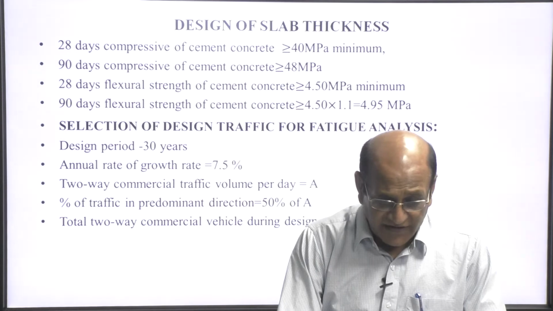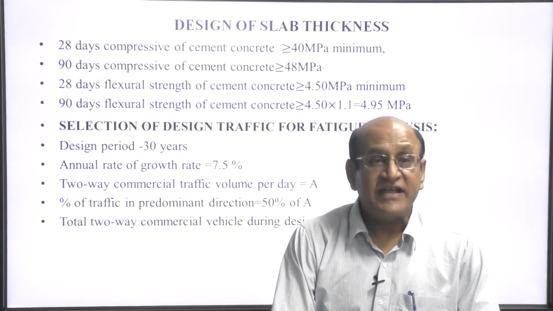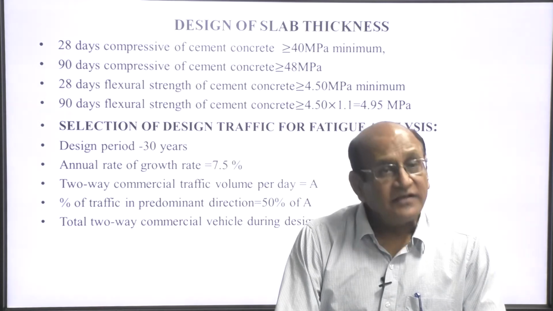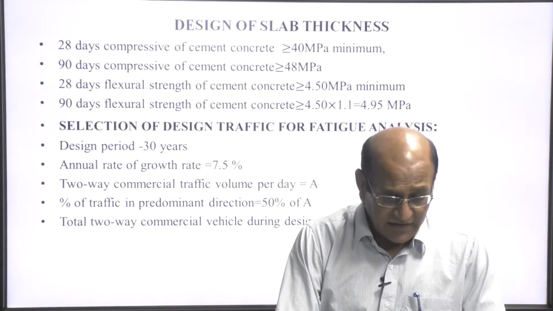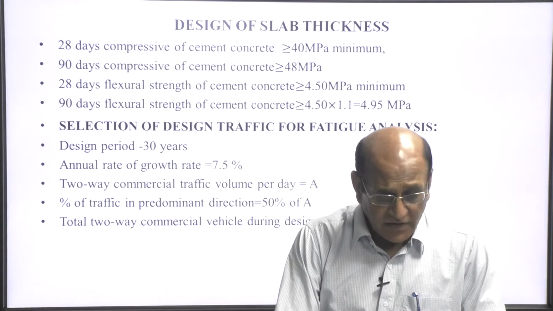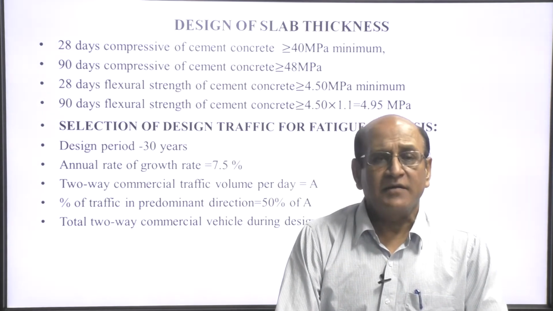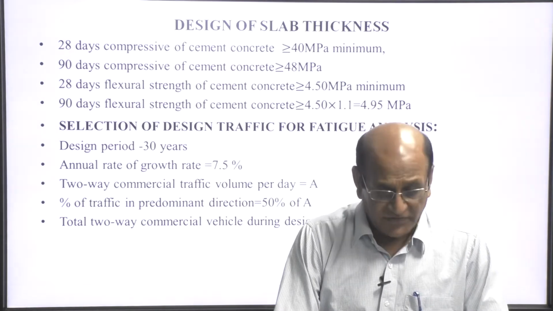Now, selection of design traffic for the fatigue analysis. The design period has been taken as 30 years. The annual growth rate may be taken as 7.5%, or it may be taken as 5%.